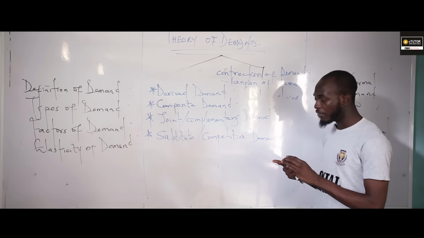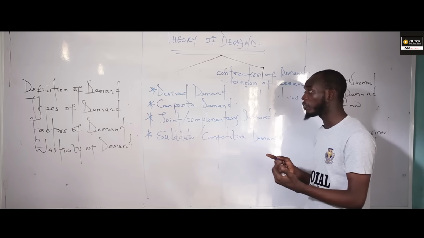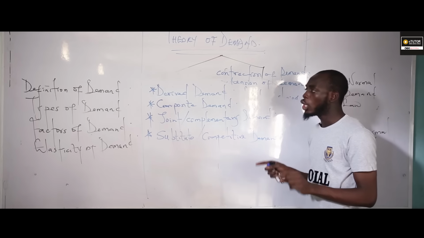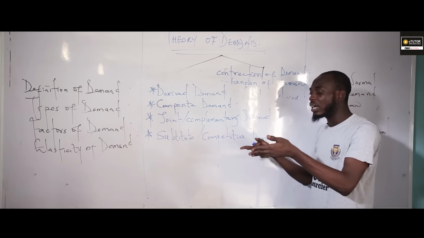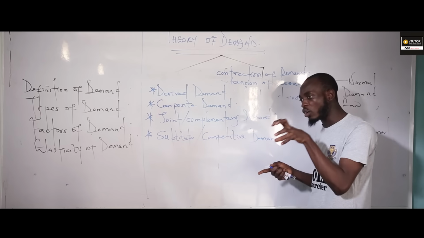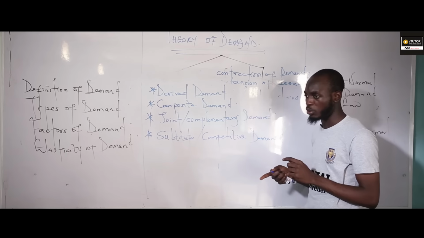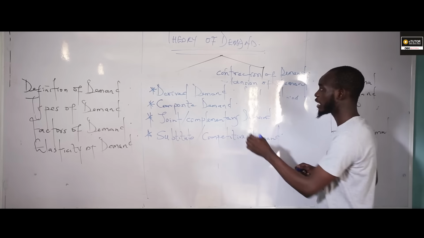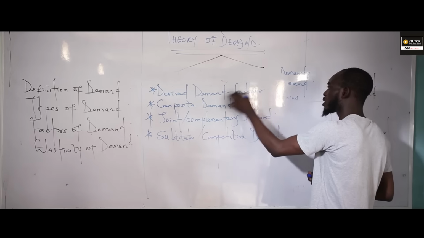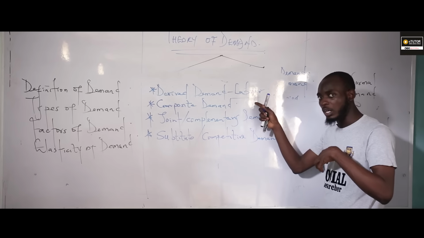Like I said, derived demand. Derived demand is a type of demand which necessitates another thing. You don't possess or engage in derived demand just because you love the commodity, but because of what the commodity can produce. A great example of derived demand is labor. You don't employ labor just because you love the labor.